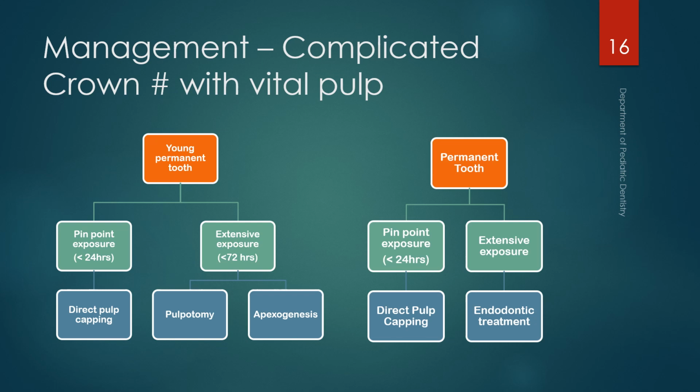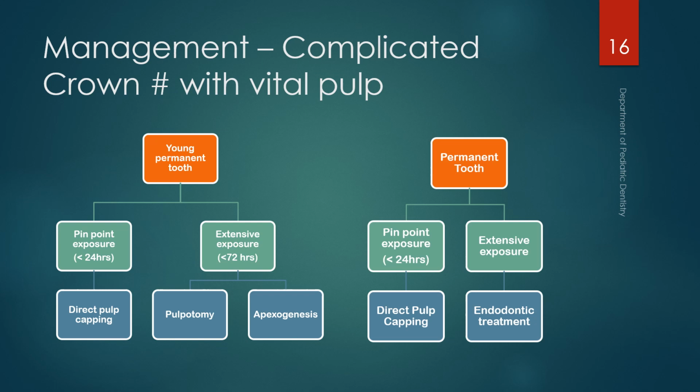Okay, this I have made clearer for you for your decision making. If you have a complicated crown fracture with vital pulp, and it is a young permanent tooth, that means the apex is open, and it's a pinpoint exposure and the patient has come within 24 hours of exposure, go for direct pulp capping, the prognosis is very good. Or if the patient has come after 72 hours and there is an extensive pulp exposure, you go for a cervical pulpotomy.